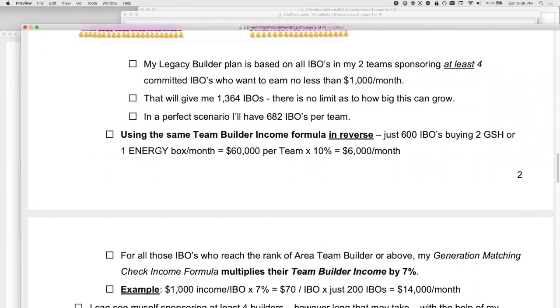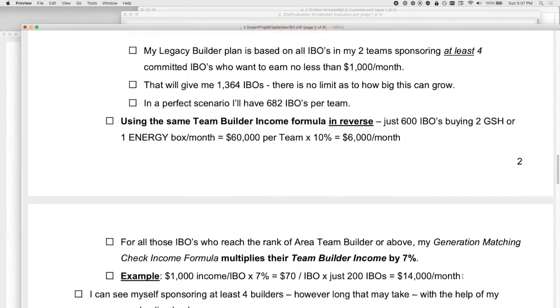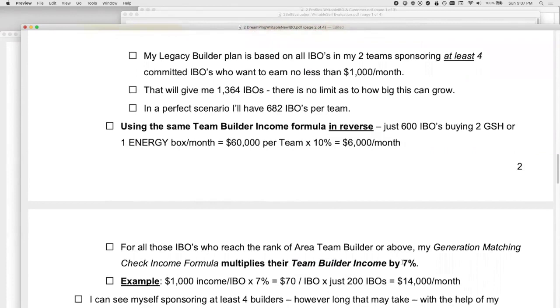That means you've got 1,000 times 7% is $70. So let's just say 200 of all those IBOs are doing this. You're making $14,000 a month because 200 times 70 is $14,000. That's how powerful this 7% is.